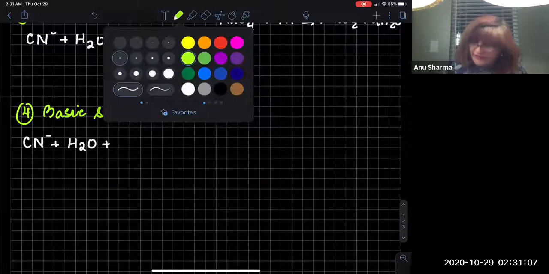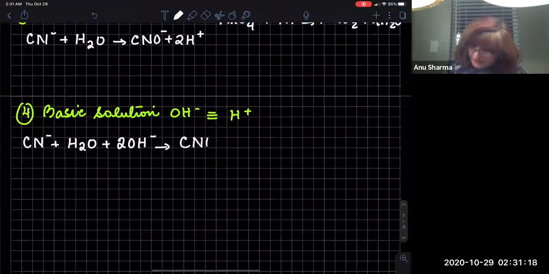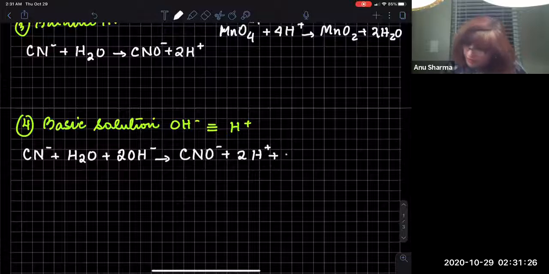So we see that there are 2 hydrogen ions on the other side, so we are going to add 2 OH ions on this side. And just copy the remaining CNO negative plus 2 hydrogens. And here also you're going to bring in the 2 OH ions. So it's going to be on both the sides.